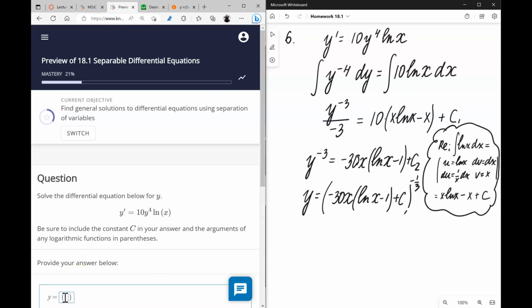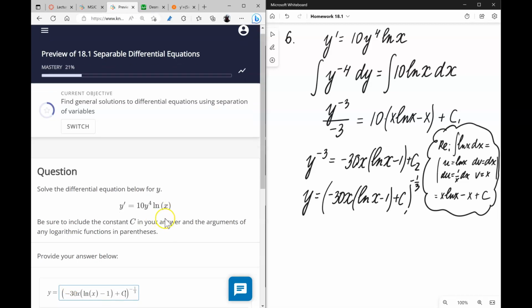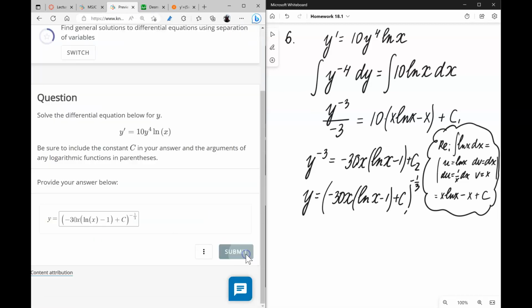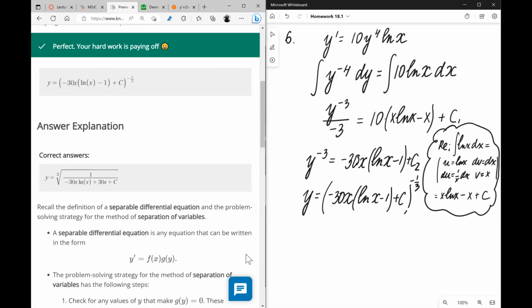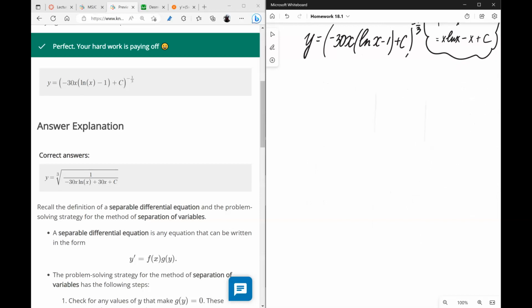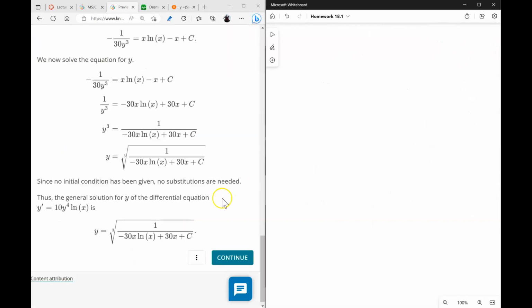Let's see if Newton is going to like it or not. I think this is the answer. Let's try. Awesome. So let's go to question number 7.